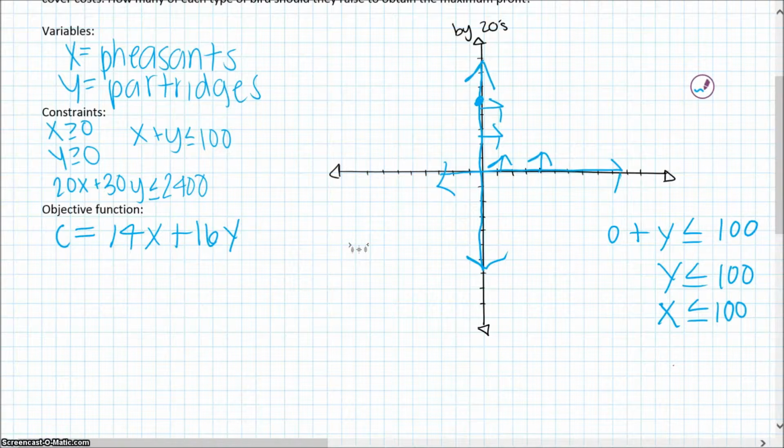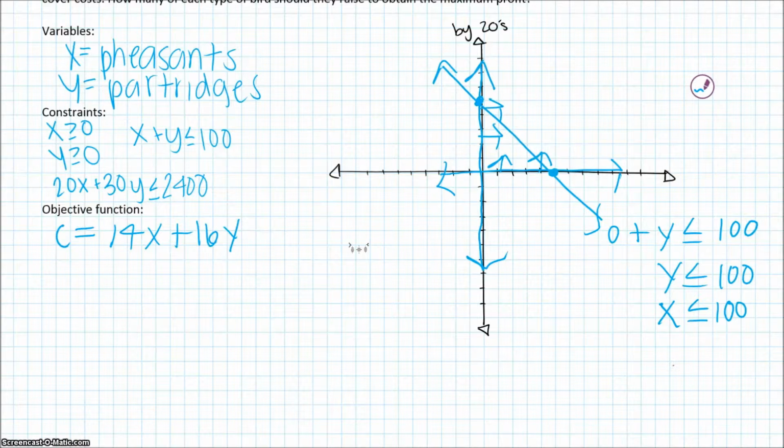So then we go to our x-axis and count by 20s to 100. And then we make our line. And if we plugged in 0 for both of those, we would get that 0 is in fact less than 100, so it's true. So we're going to be shading towards the 0, or down.